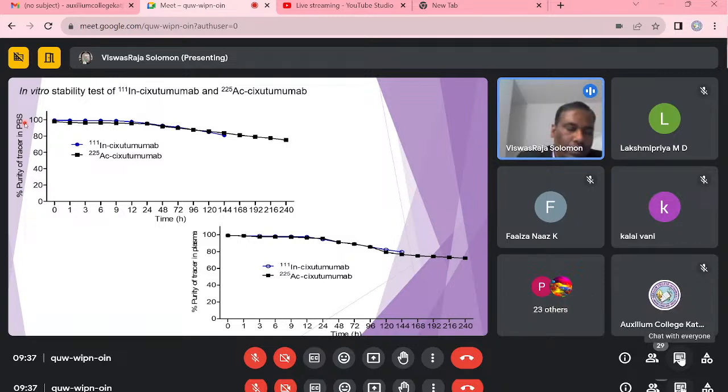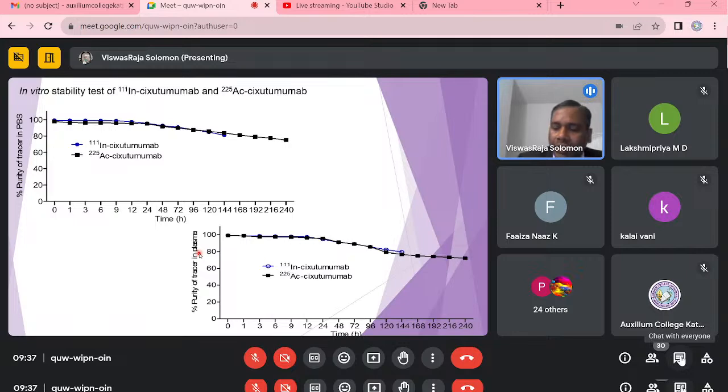The other is plasma, because we are going to inject the tracer into an animal or human. It should be stable and compatible with the plasma. That's the purpose of the two different conditions. Again, this tracer was stable and maintained a purity of more than 95% up to 5 days.